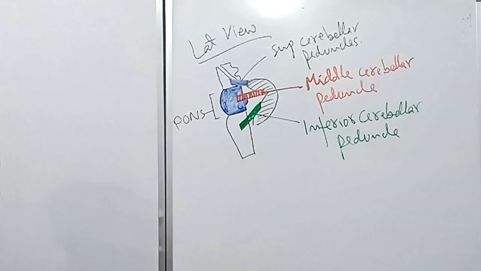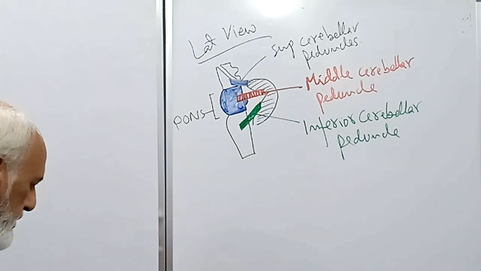Now you can see between the pons and upper part of the medulla oblongata in front and the cerebellum behind, there is the cavity of the fourth ventricle.